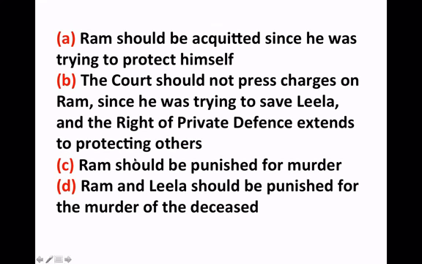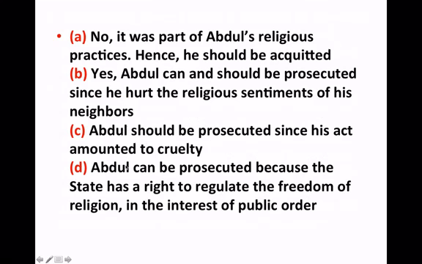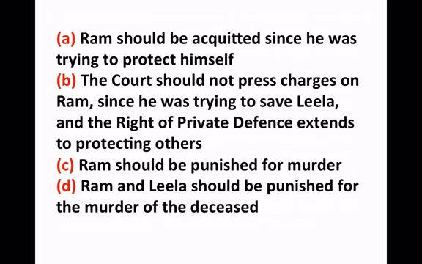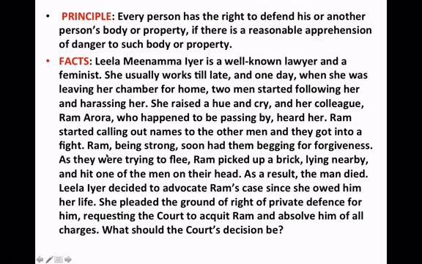Now, the third option is Ram should be punished for murder. This is the correct answer. Why? Because Ram did hit someone on the head while they were trying to flee. You can read here that they were begging for forgiveness as they were trying to flee.